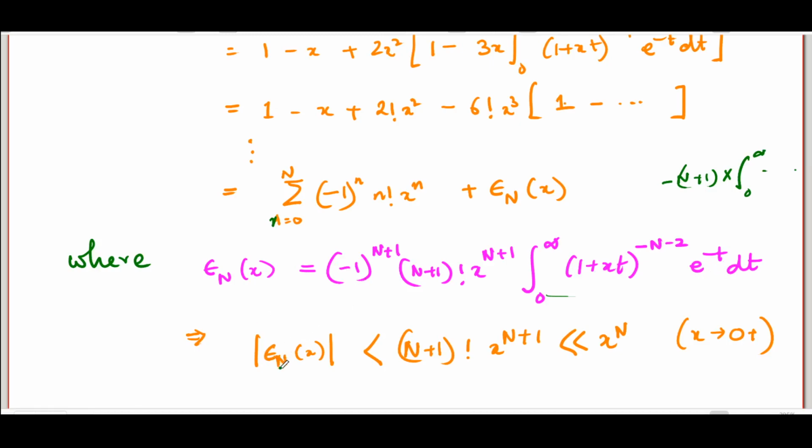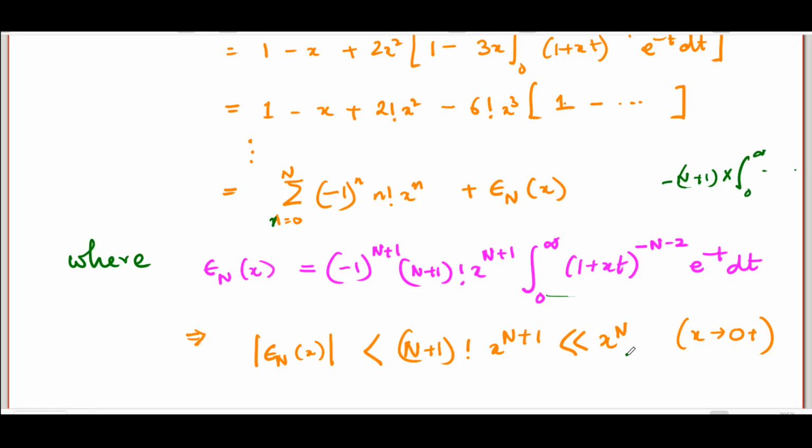So epsilon_N(x) is less than N plus 1 factorial x to the N plus 1. Less than because this integral is actually less than 1. And this, remember, is negligible compared to x to the N. As we have already said before, higher powers are negligible compared to lower powers as x tends to 0 plus.